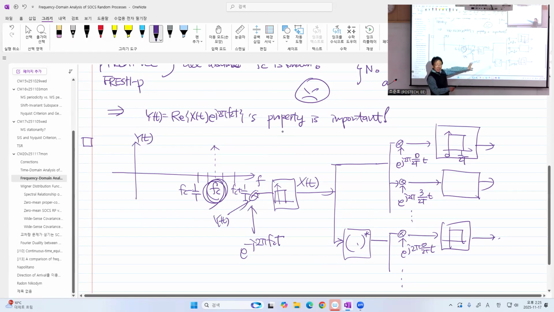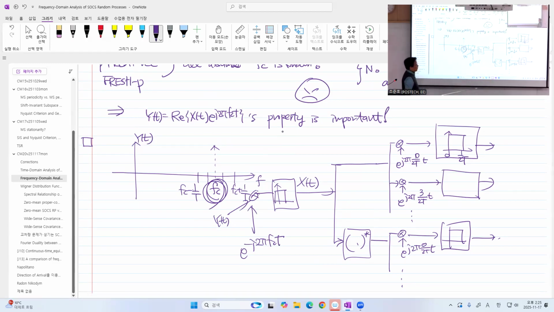Otherwise, we never have this kind of properization achieved correctly.